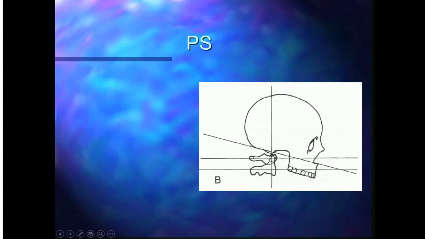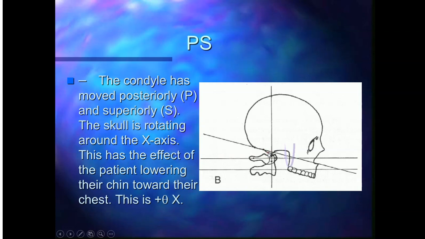In this case, the bottom of the condyle has rolled around the x-axis, so this is a theta x deal, and it's gone posterior, and as it did so, since this is a cup-shaped joint down here on the Atlas, it's like a BB in a bowl. Whenever it moves, it's going to go superior. So we'll have posterior, superior. That's where we get this chin down type attitude.